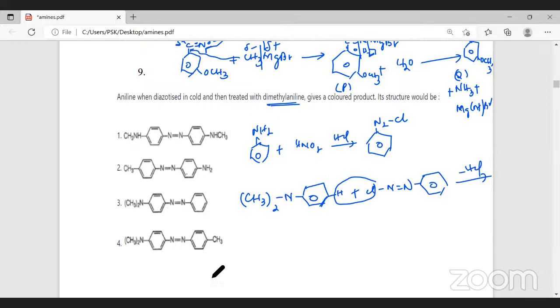So when H and Cl get eliminated, we have CH3 twice, N, a benzene ring, nitrogen double bond nitrogen, and a benzene ring. So therefore, the answer for this is option 3.